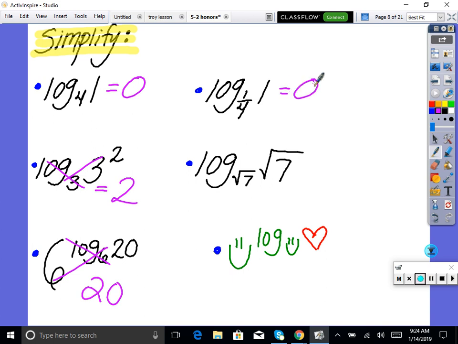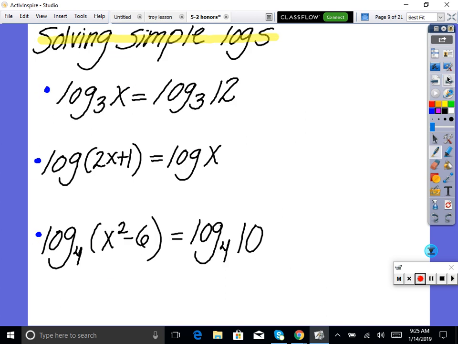Very good. Right here, log base root 7 of root 7 will simplify to be? 1. Because technically that's a 1 right there, isn't it? And then they undo each other. Smiley face, log base smiley face of heart? Heart. So you guys get your basic properties of logarithms. Very good. See, logarithms are easy, aren't they? Whenever I hear people say they're hard, I'm like, then your teacher didn't teach it right, because it's easy stuff.